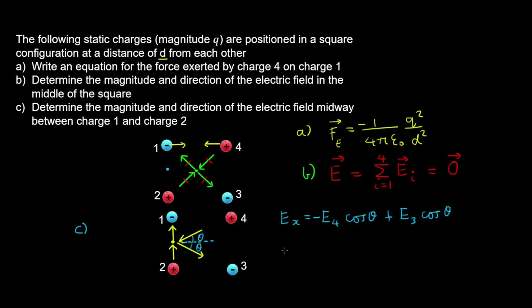And in the vertical direction, we have the electric field vector of charge 1 pointing upwards, and then plus E2 in the vertical direction, and then minus E4 sine theta, and then minus E3 sine theta. Gives us that component pointing downwards.